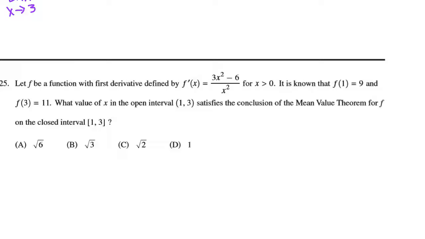The derivative of tangent is going to be secant squared of x minus 3 times the derivative of x minus 3, which is just going to be 1. And then the same is true with the denominator. If we take the derivative of 3e to the x minus 3, we're going to have 3e to the x minus 3 times the derivative of x minus 3, which is just 1. And then we have minus 1.